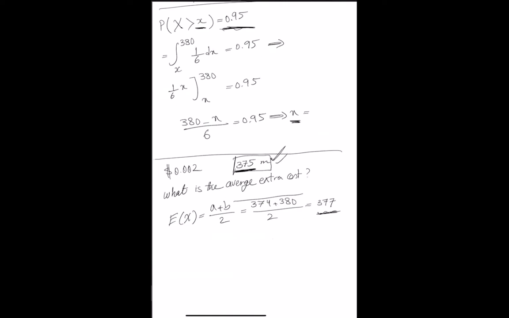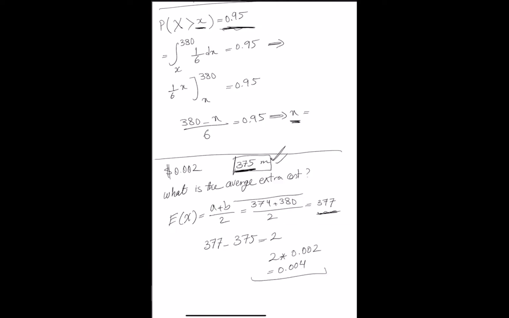So for each typical shampoo container that we pick, we expect to have 2 millimeters extra volume, and for each millimeter we pay $0.002. So the result is going to be $0.004.